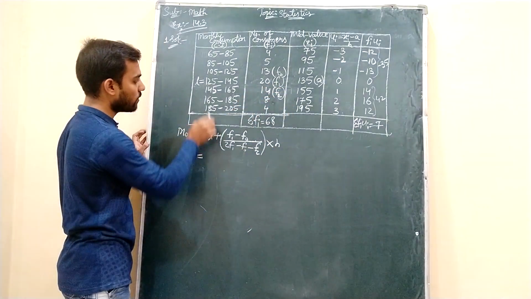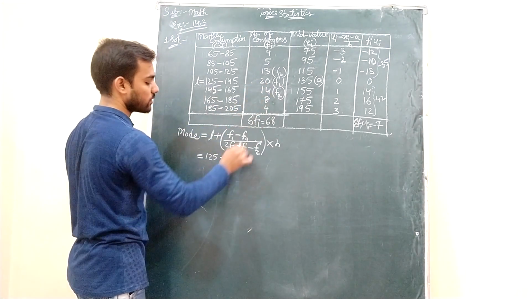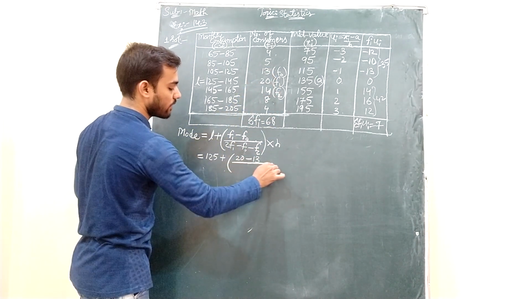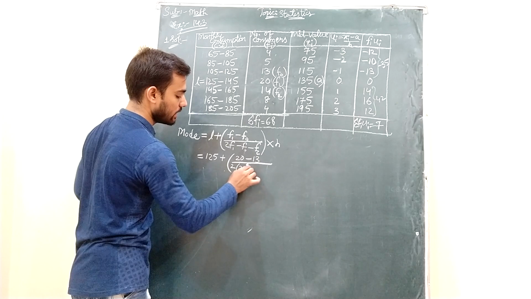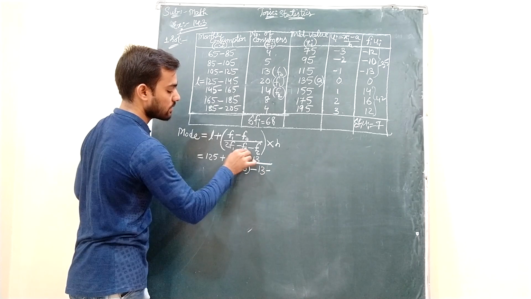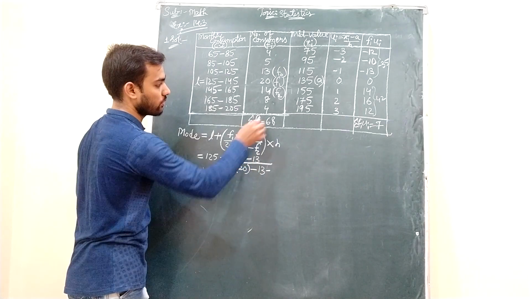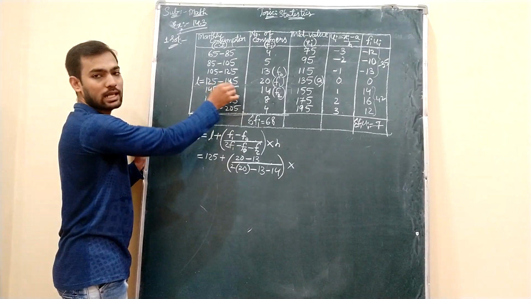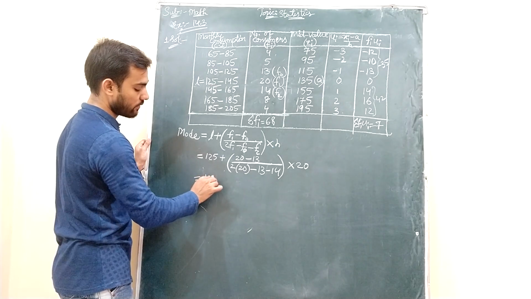Now we will substitute here. L value is 125 plus F1 is 20 minus F0 is 13, divided by 2F1, 2 into 20, minus F0, 13, minus F2, 14, into H, size of the modal class, same only, 20. Again, we will keep this 125 as it is.